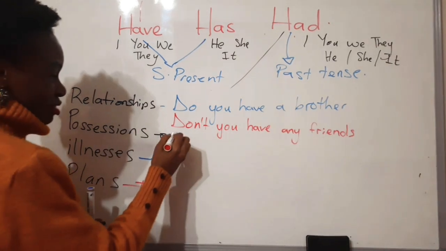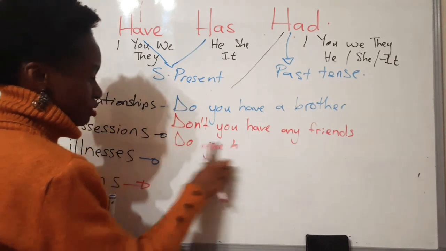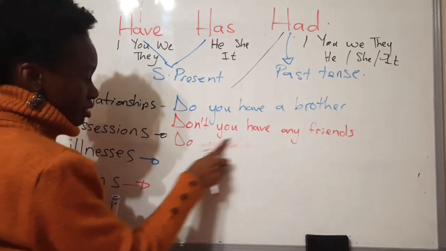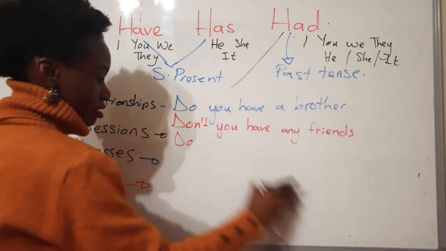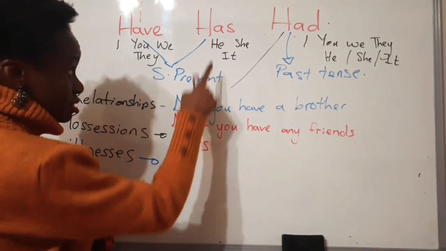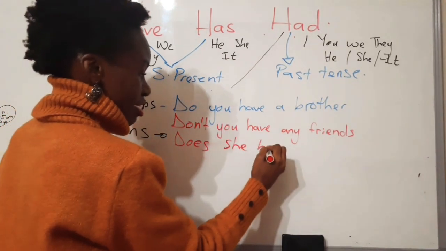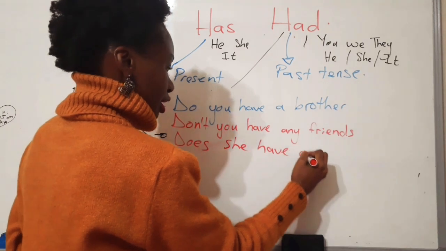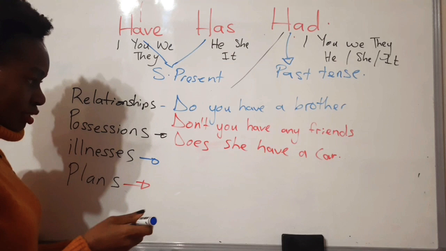For possessions, do you have a car? No, let's use has. So we're going to say, does, we don't say do, does she have a car? Or doesn't she?